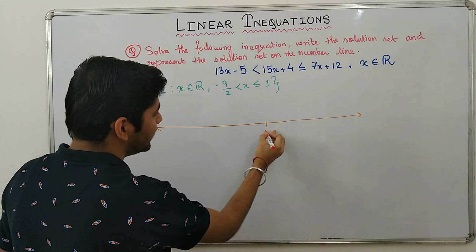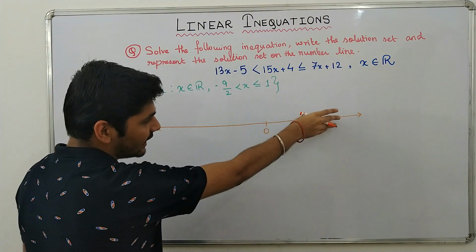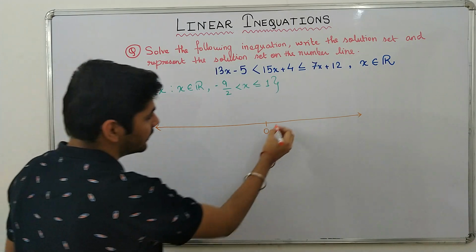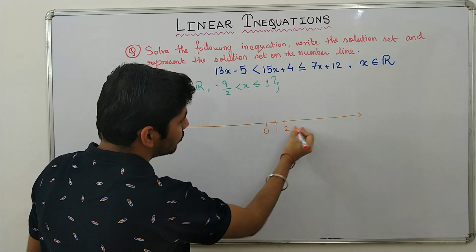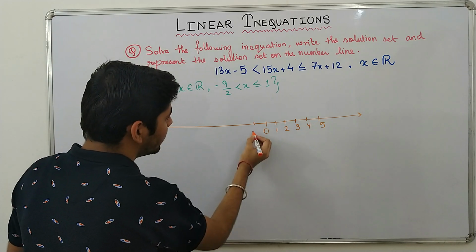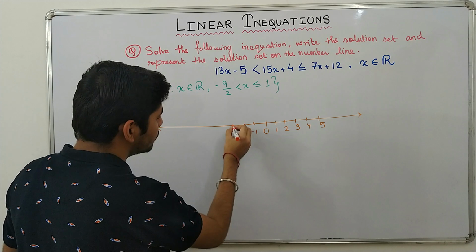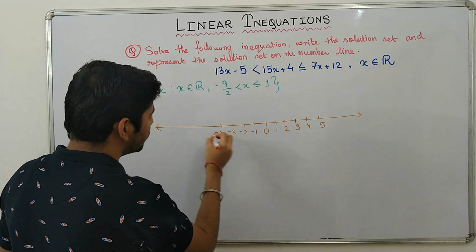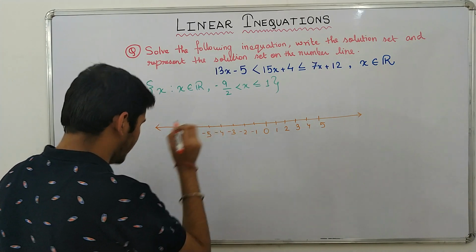Okay, 0 in between, positive on the right hand side and negative on the left hand side. So 1, 2, 3, 4, 5, and over here minus 1, minus 2, minus 3, minus 4 and minus 5.